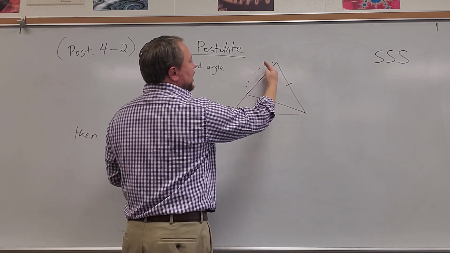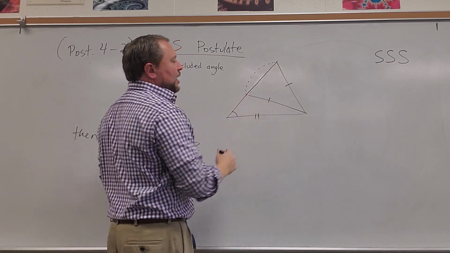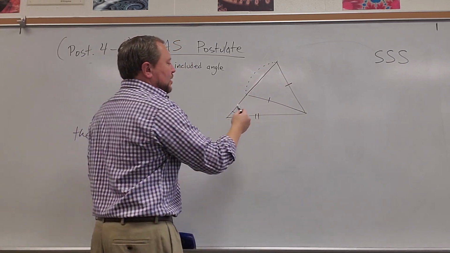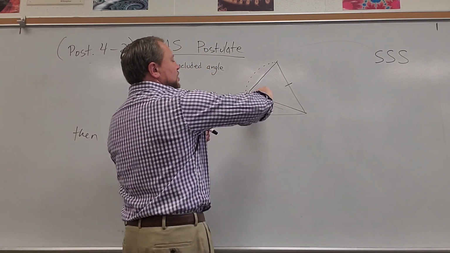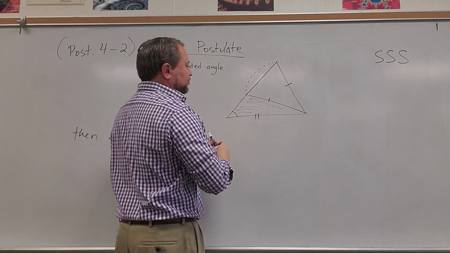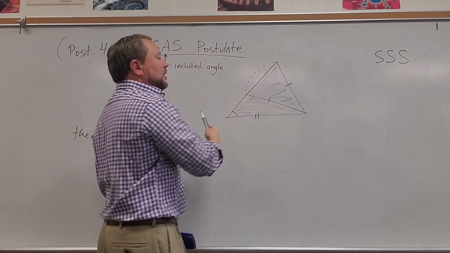I'm just swinging it out till it hits that line again. And do you see it makes a bigger triangle? I have the smaller triangle here, but when I swing that out further, now it fills the whole thing, and we got a bigger triangle.